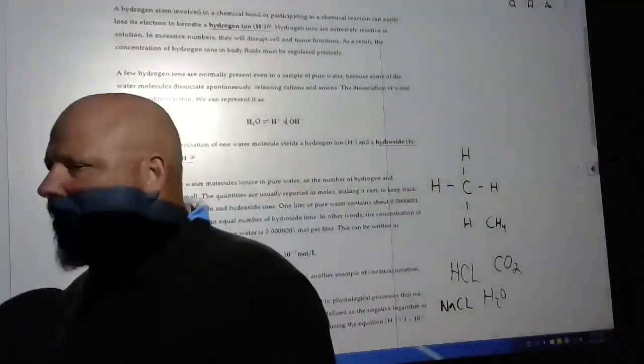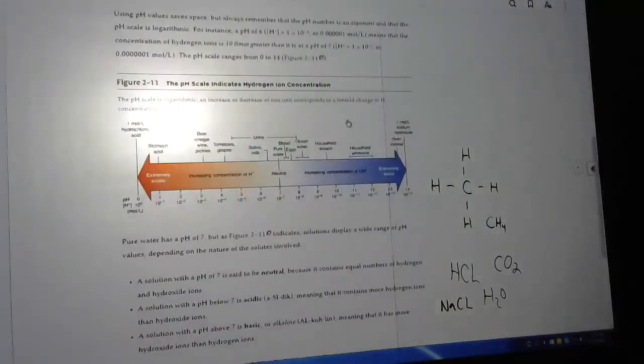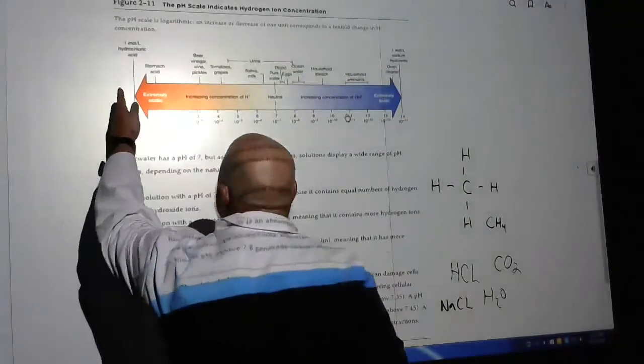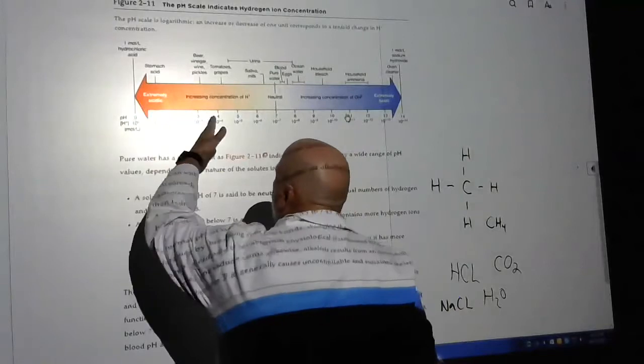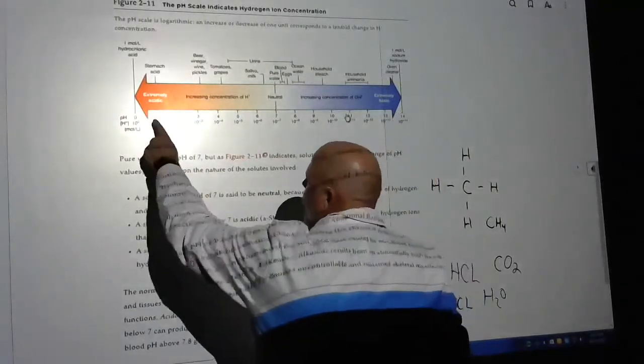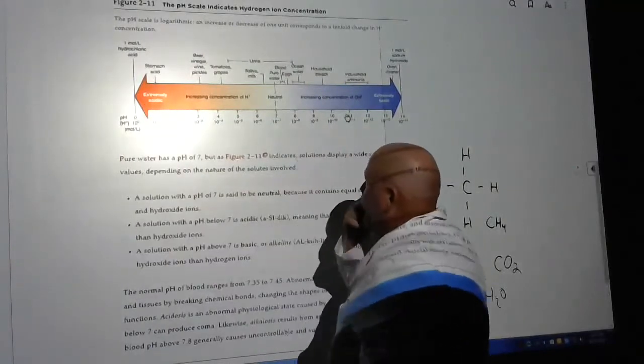All right, so when we look at the pH scale, as you look at this, you see percent hydrogens and you see percent hydroxides. Anything over here is more acidic. Anything over here is more hydroxide. Okay, so stomach acid is extremely acidic.